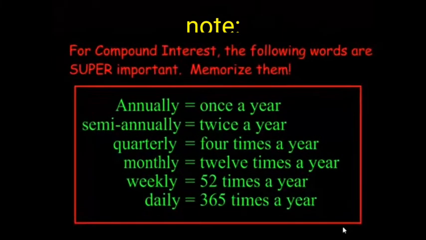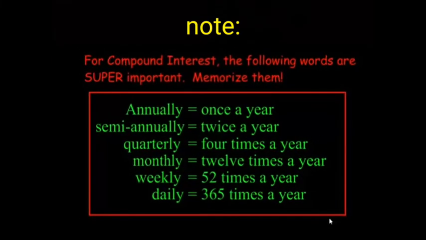Note: annually is 1, semi-annually is 2, quarterly is 4, monthly is 12, weekly is 52, and daily is 365.